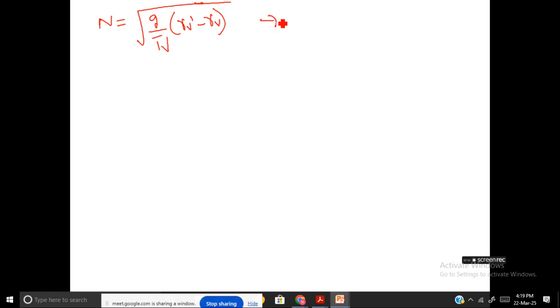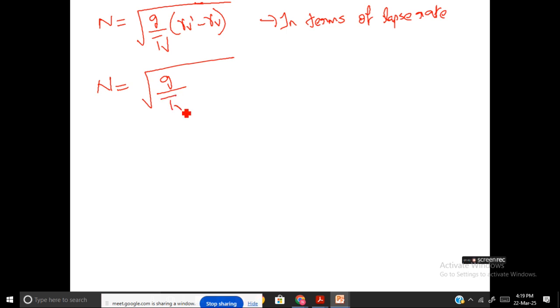This is in terms of lapse rate. In terms of temperature, it will be the root of g by Tv into (Tv minus Tv dash). This is in terms of virtual temperature.